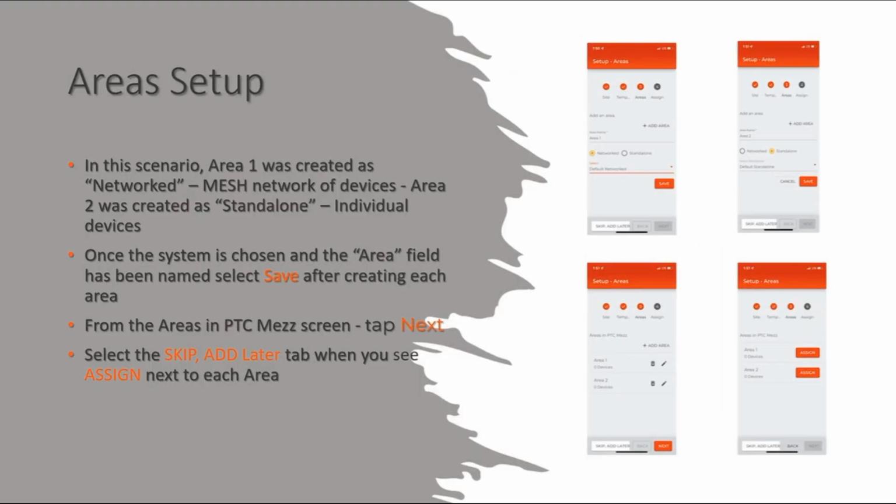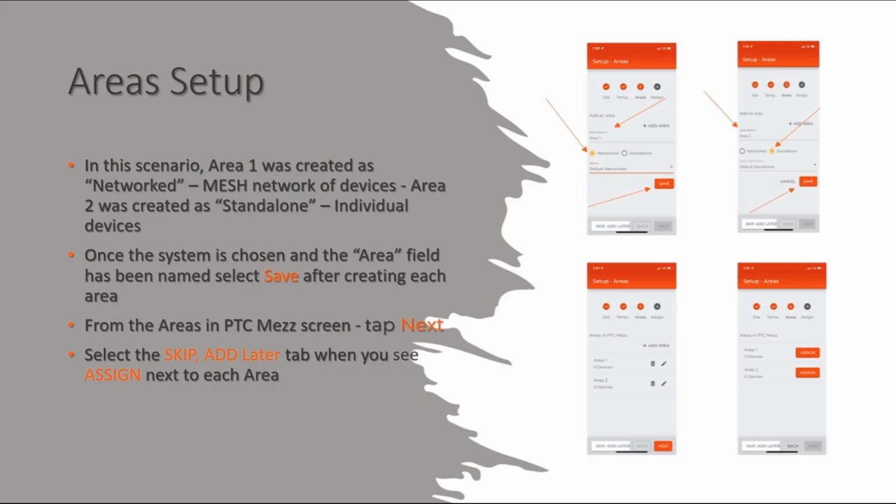Now that we've created our site, we are going to jump into creating our area. We're going to select a networked area, meaning a mesh network of devices. And we're going to select a standalone area, meaning individual devices. We will name our areas and then select Save.